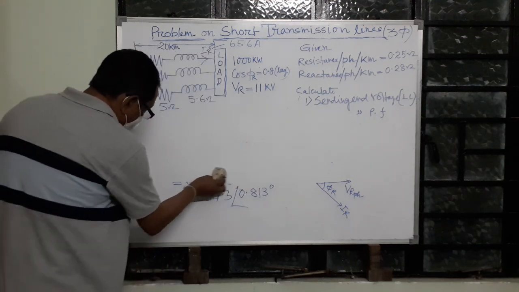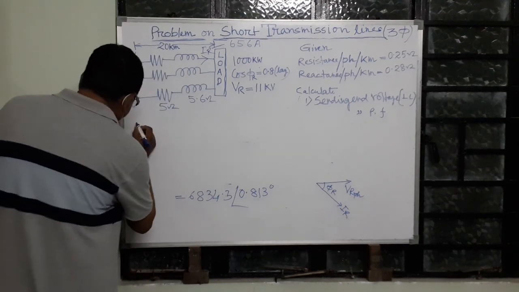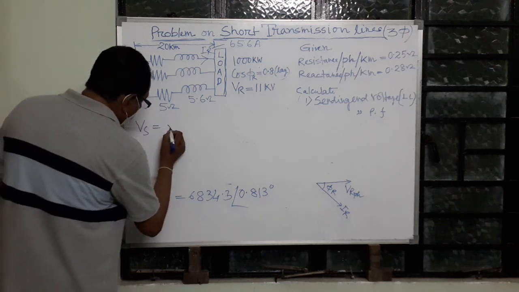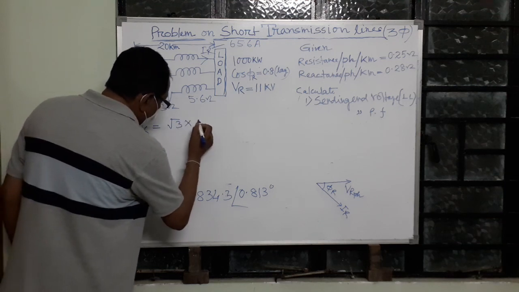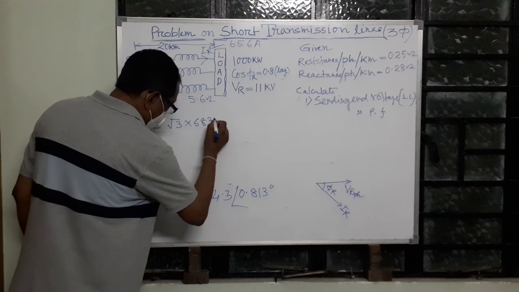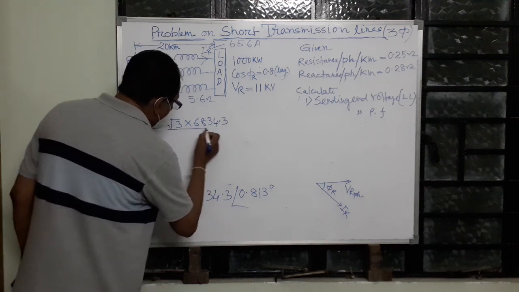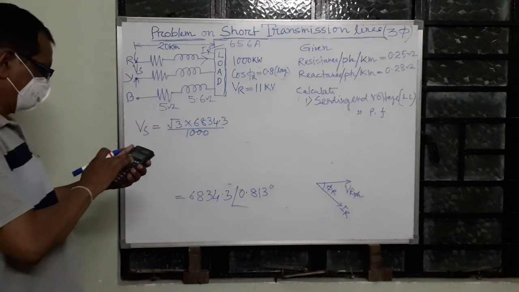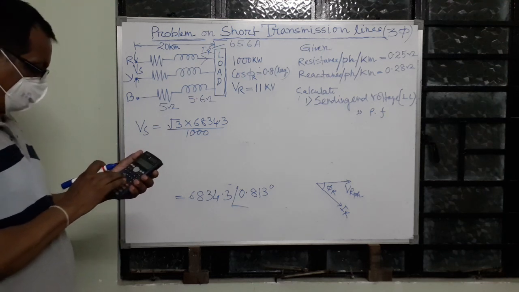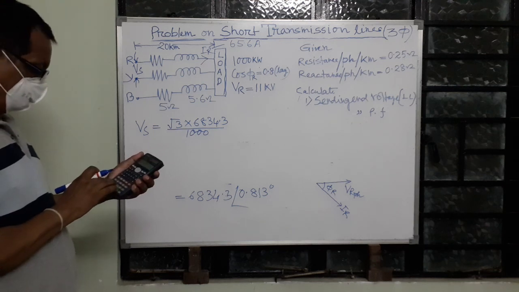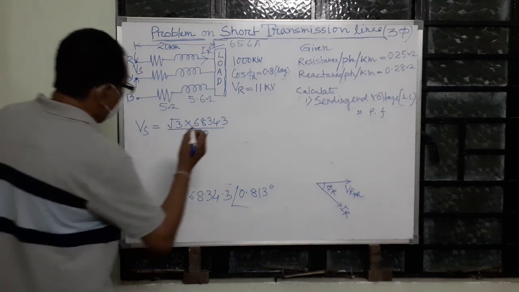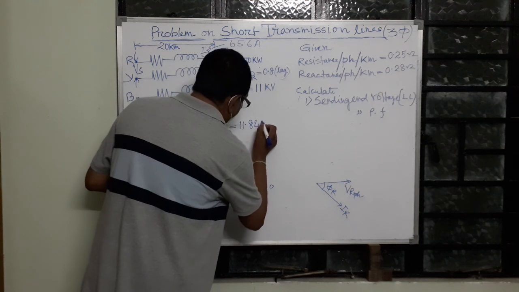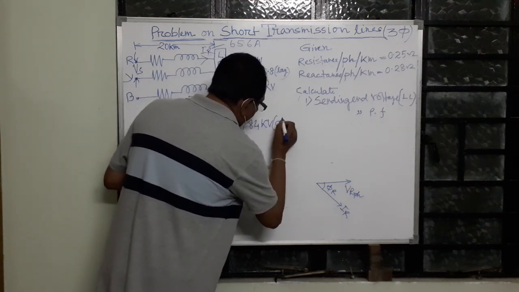So Vs is the sending end line voltage, multiplied by √3, 6834.3 divided by 1000, that is in kV, 11.84 kV approximately.